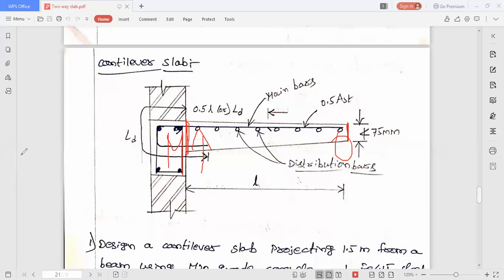And we know that the thickness of the slab and the reinforcement in the slab. Remember, the thickness or depth, we can call it the depth of the slab, and the AST of the slab, that means the area of steel required in the slab, these two completely depend on bending moment.